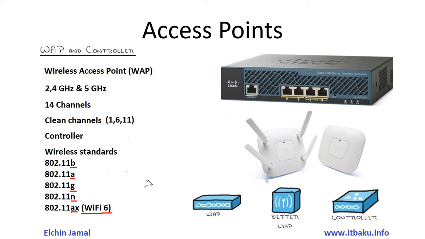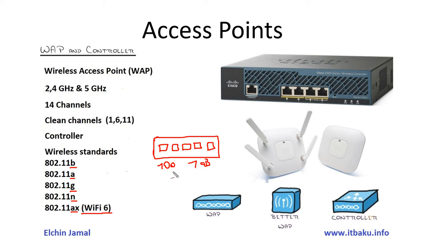Also, I want to mention one main thing. As you know, a switch has several ports, and each port of the switch is an isolated collision domain. Each port has a speed, for example, 100 megabits per second or 1 gigabit per second.